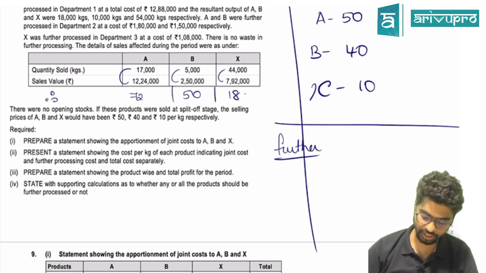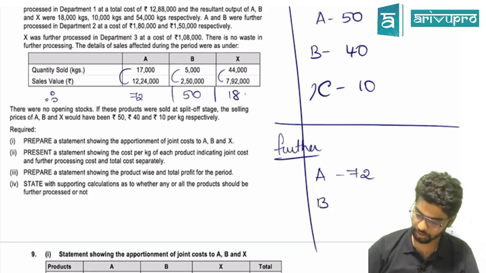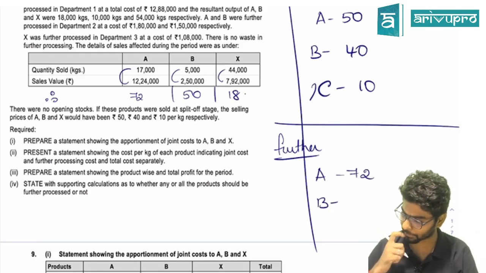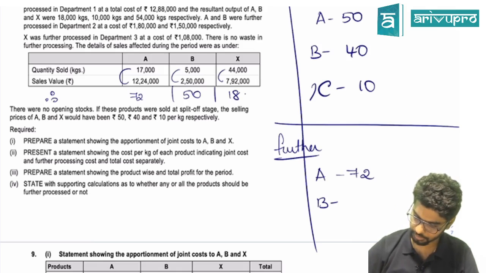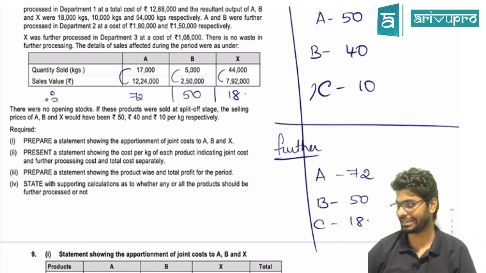So, if you further process, A will be sold for 72, B will be sold for 50, and C will be sold for 18.